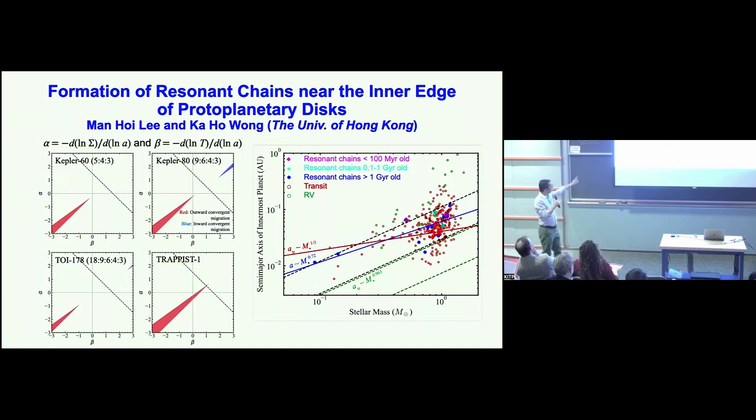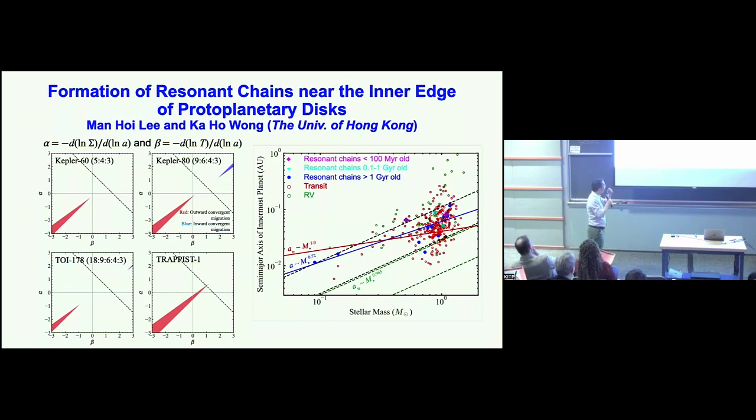It turns out that in many of the cases, those require rather unrealistic disk parameters, including, in most cases, logarithmic gradients of the surface density and temperature, which are actually increasing outward. So we argue that the more likely scenario is that the innermost planet probably stopped near the inner edge of the disk, and then with all the other planets still migrating inward, they can be locked into a resonance chain.